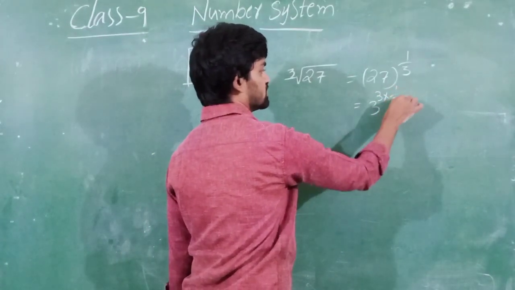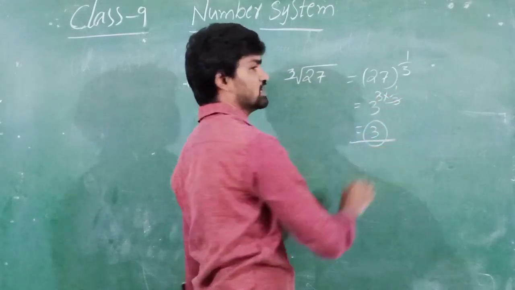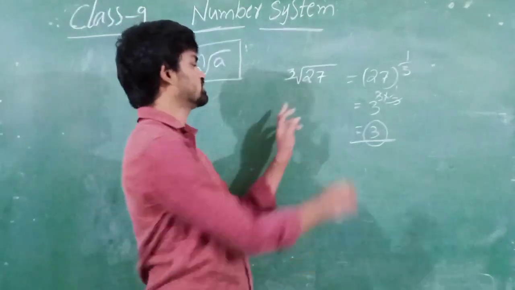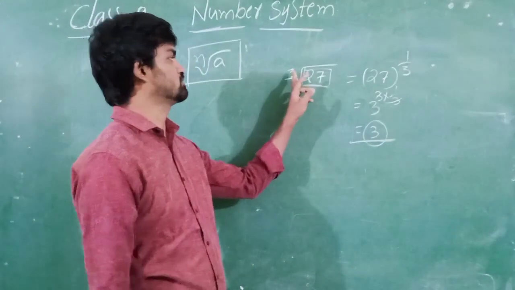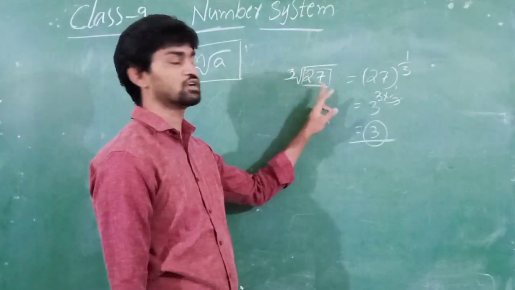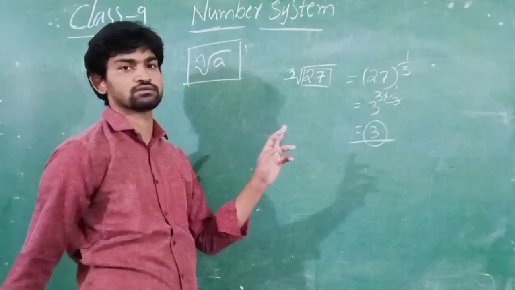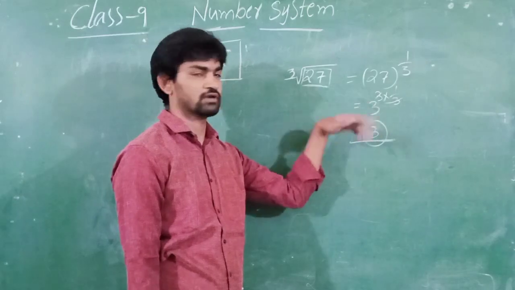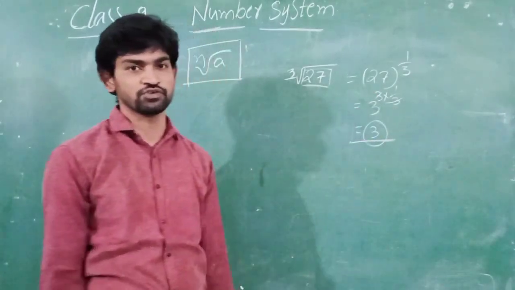So if you write like this, the power gets cancelled, you will get the answer as 3, which is a rational number. That's why whatever number lies inside the root, its power should not be equal to the order. This 3 is called n, the order. So here they should not be equal. What happens if they are equal is, it becomes a rational number. Now we will see a few properties.